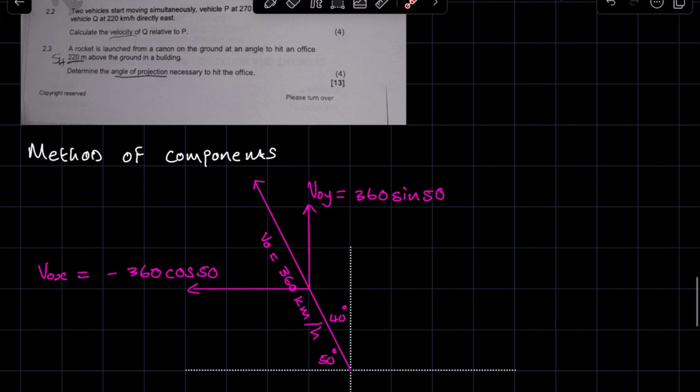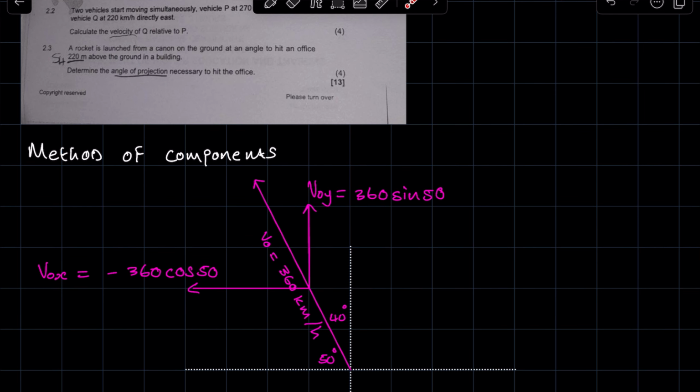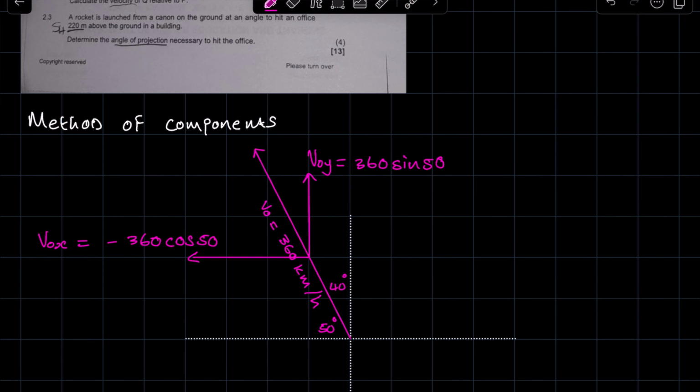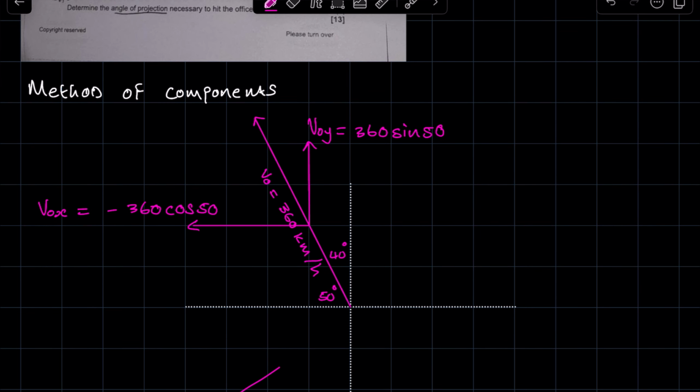If you draw it in the third quadrant, seeing that they said it's coming from west 30 degrees south, it will be in that direction. And our vectors always have to be going away from the center of the Cartesian plane.